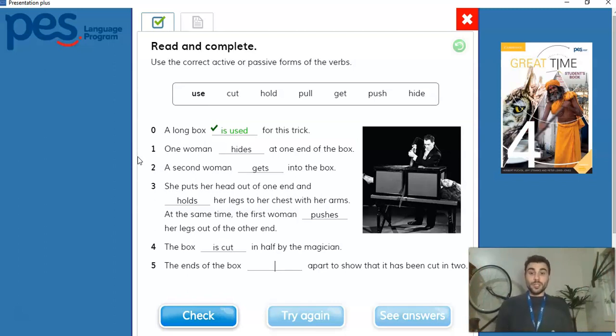So probably here, only the verb pull here, right? So the ends of the box, plural, right? So they are pulled apart to show that it has been cut in two.